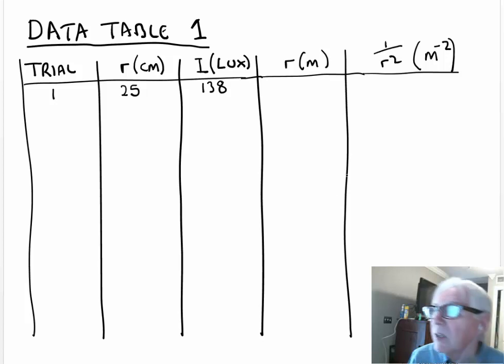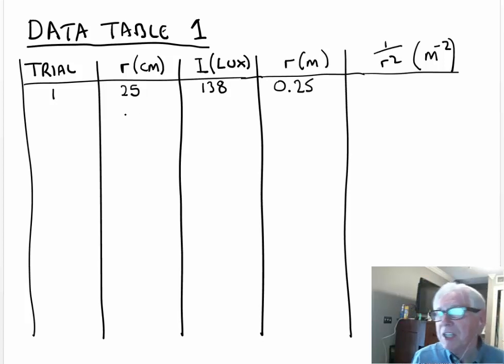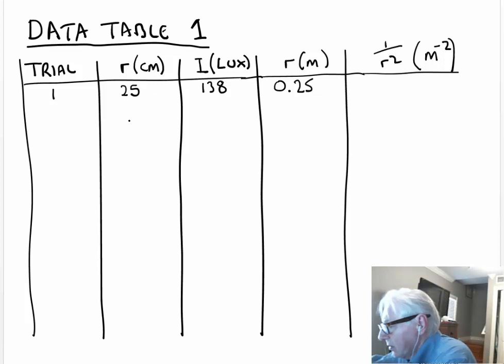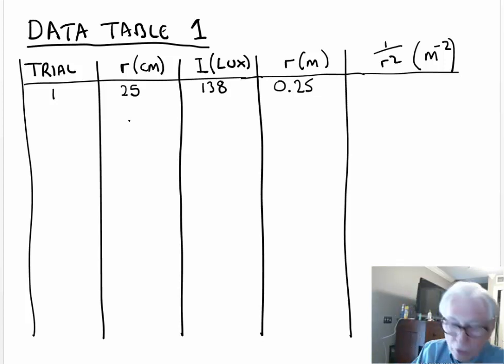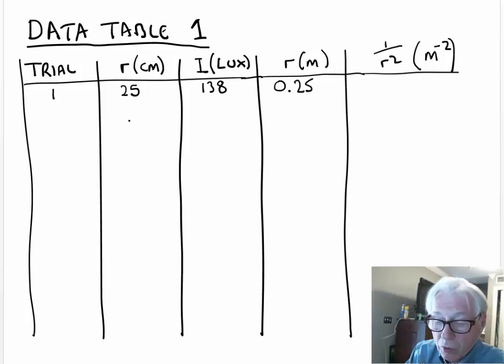And for that, well, we can do the first bit, can't we? 0.25. Move the decimal point that way. So let's have a look. It's going to be 1 over 0.25 squared.